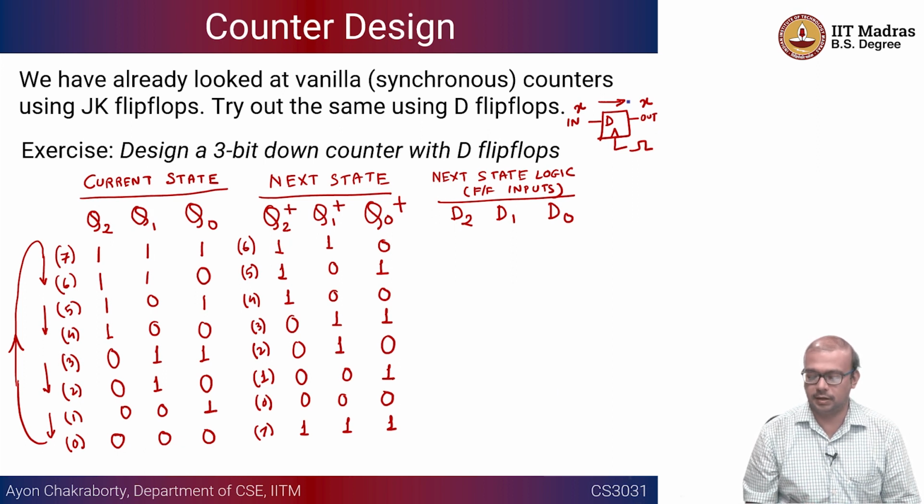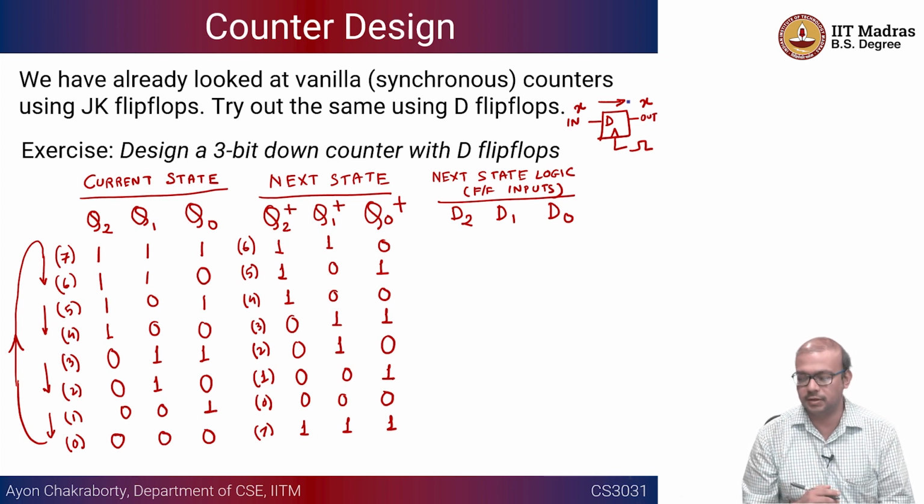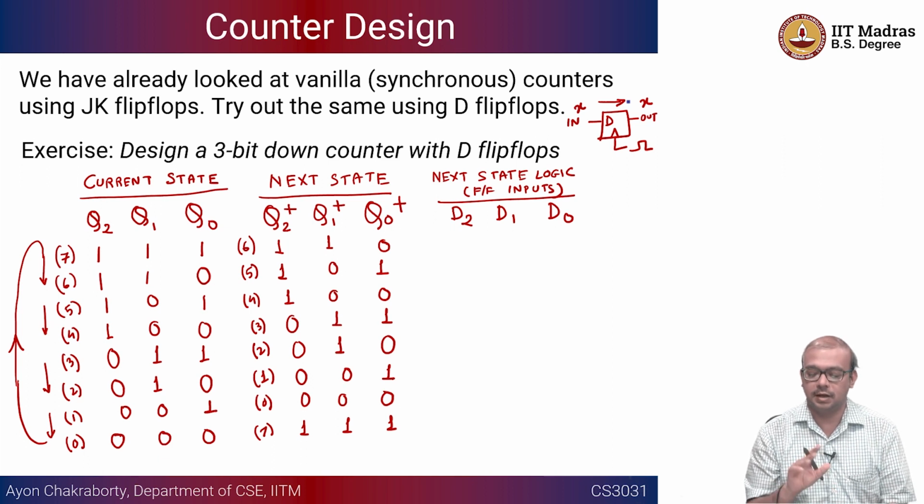Okay, or like a memory hold, nothing like that. It can either clear or it can set to 1. So I can pass X equal to 1 or I can pass X equal to 0. If I pass X equal to 1, after the clock, the next output will be 1. If I put X equal to 0, after I put the clock, the output is going to be 0. Okay, as simple as that, which is nothing but the copy of the next states, right?